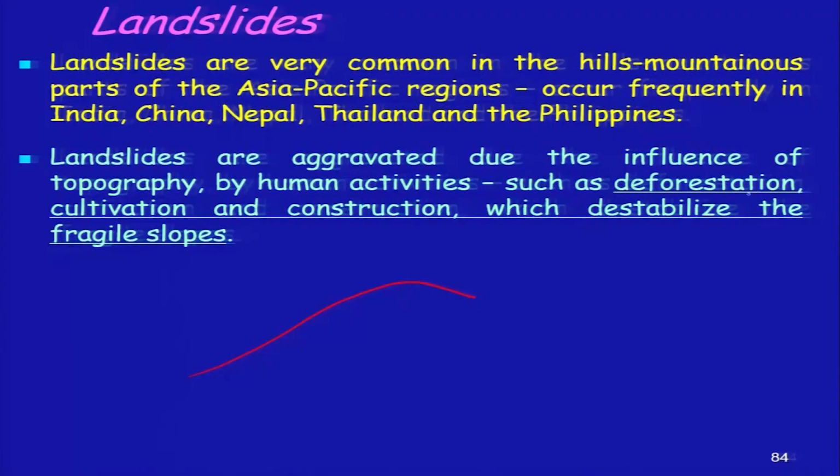Human interference is deforestation and construction also. For example, if you cut this area for the construction of a road, then you are exposing this part further. You put more load on the slope, and that also will result in the destabilization of fragile surfaces.